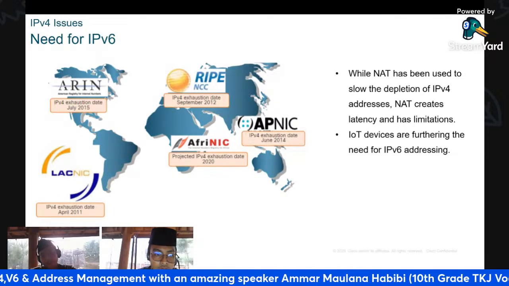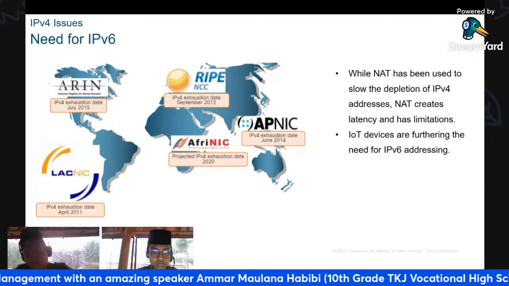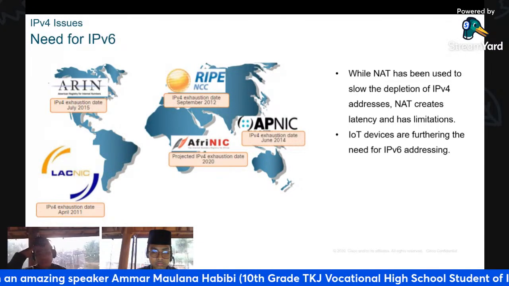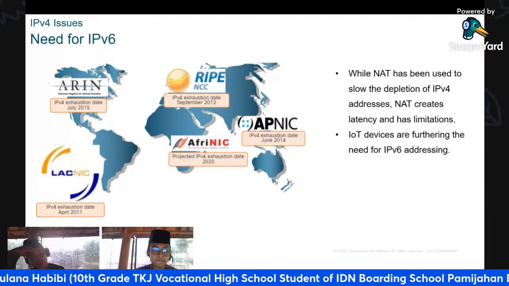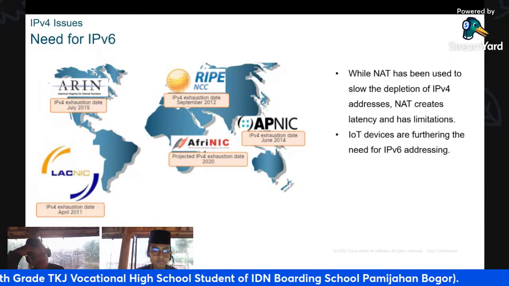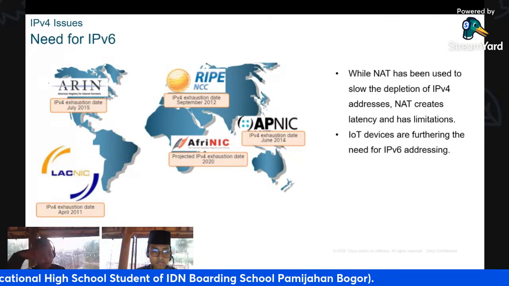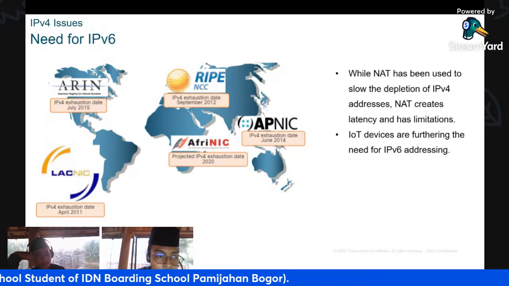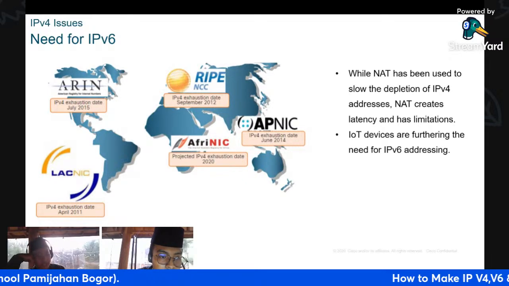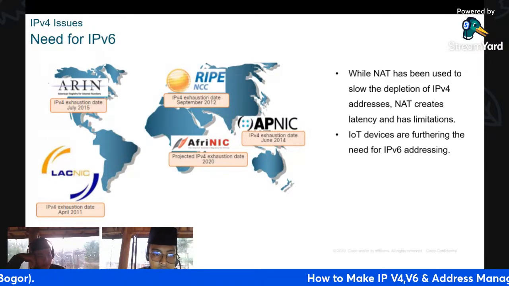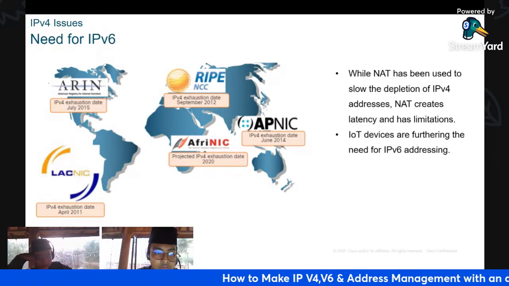IPv6 was developed because of the depletion of IPv4 addresses, NAT threats, latency, and limitations. What devices are featuring the need for IPv6 addressing? You can see the globe. There are five connections like ARIN, LACNIC, RIPE, APNIC, and AFRINIC.